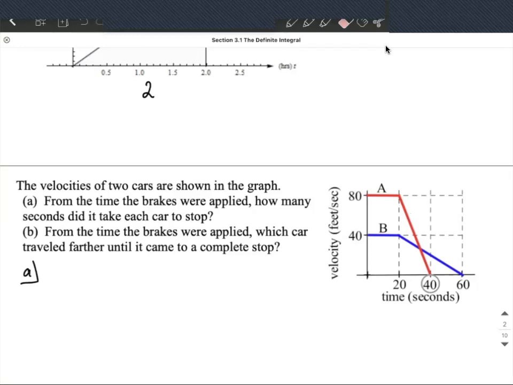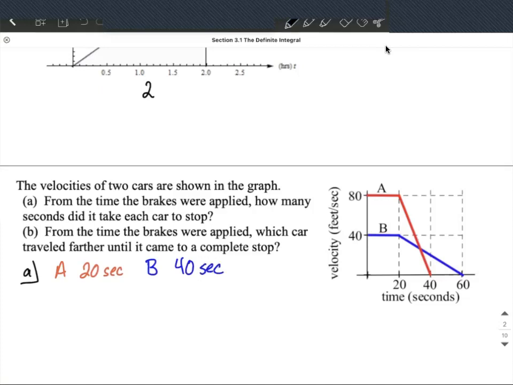So that's going to be a quick subtraction, and A took 20 seconds to stop. It's very similar on B. B hit the brakes at 20 seconds, and velocity gets all the way down to 0 at 60 seconds. 60 minus 20 means it took 40 seconds to stop.